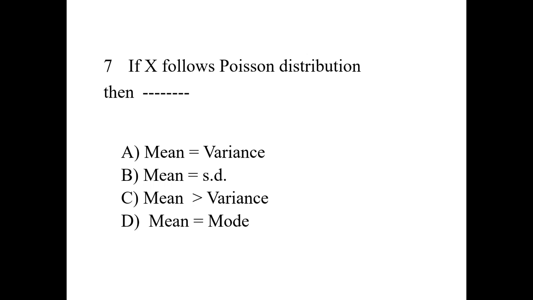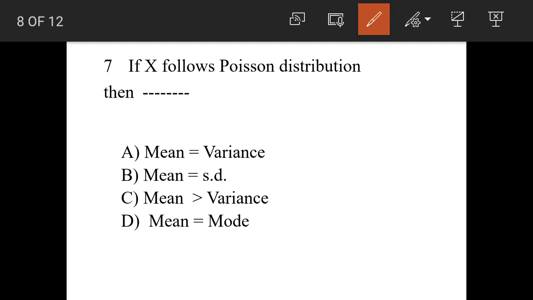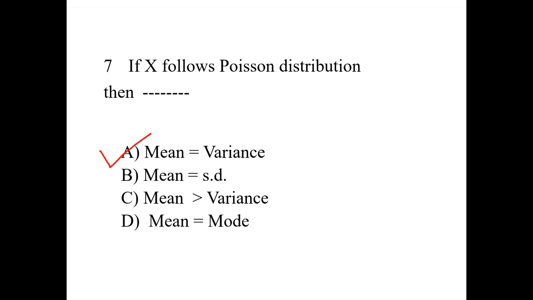We know that in Poisson distribution, mean is equal to lambda, that is the parameter, and variance is also equal to lambda, which is the parameter of Poisson distribution. Therefore, option A is the correct option. That is mean is equal to variance, which is equal to lambda.